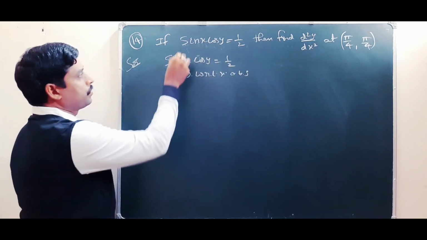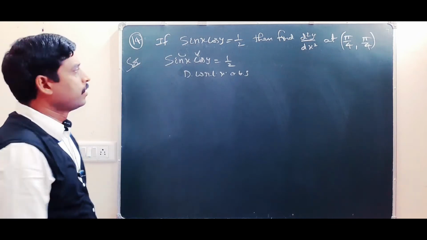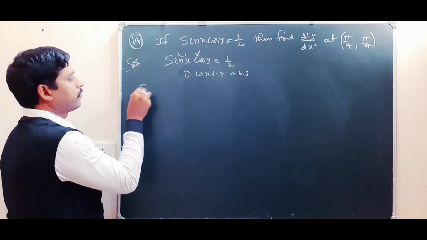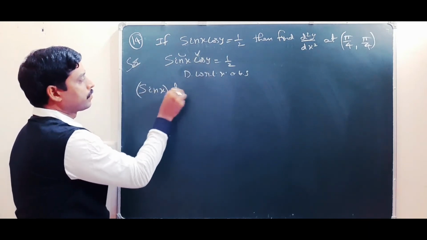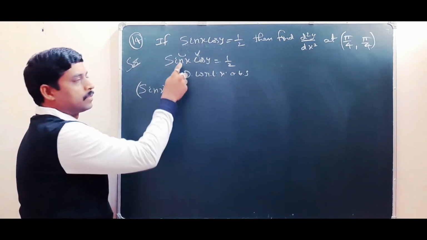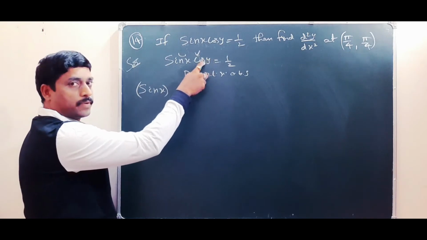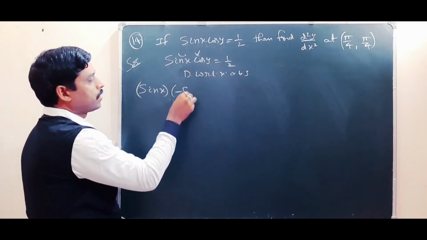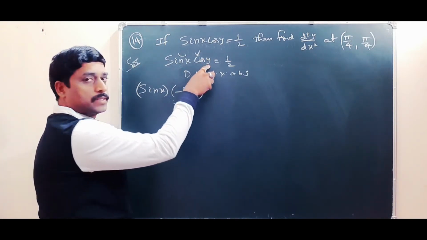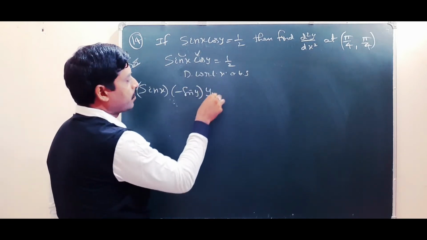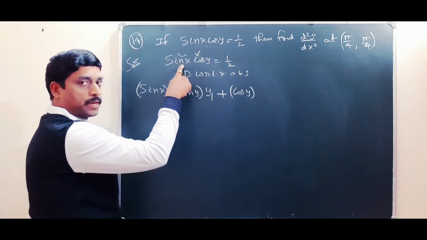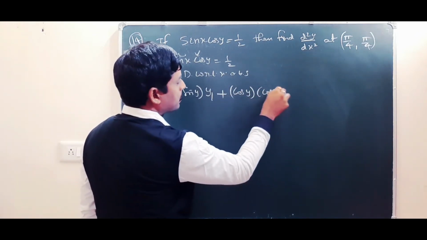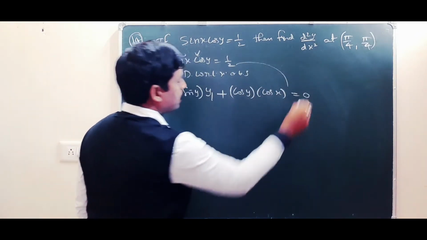So differentiate by using the uv formula. For differentiation of uv, it will be sin x into differentiation of cos y, which is minus sin y into differentiation of y, we get y1, plus cos y into differentiation of sin x, which is cos x, equal to constant, differentiation 0.